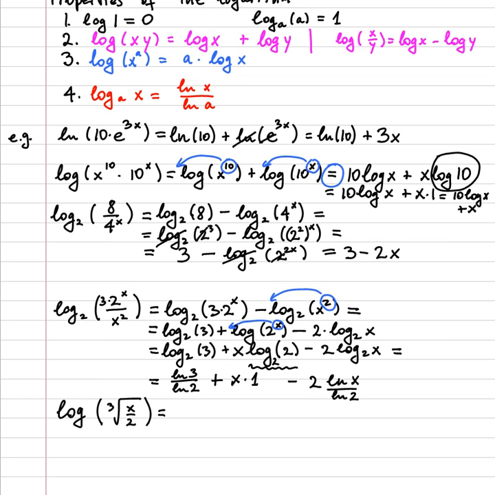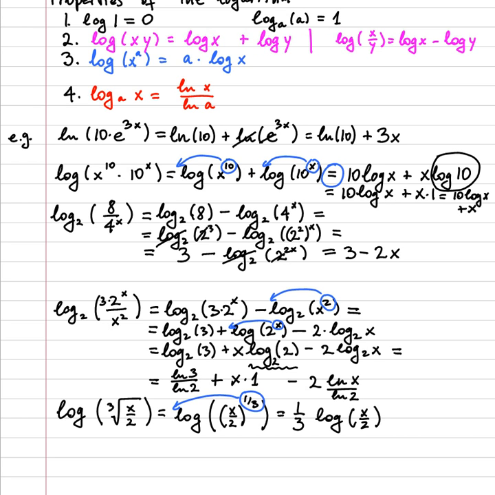Okay, for the next problem, we have a cube root. Now cube root is just another exponent. It's exponent of 1/3. So we'll apply this blue property, and we'll bring this exponent outside of the logarithm, and we'll have this is 1/3 log of x over 2.